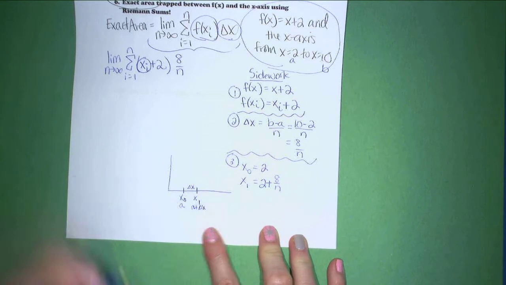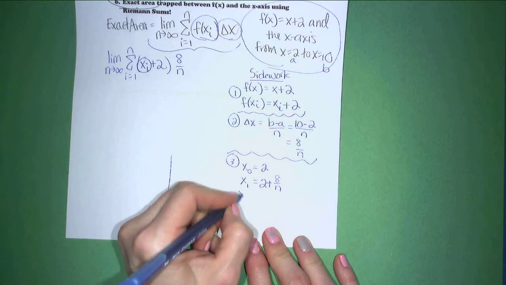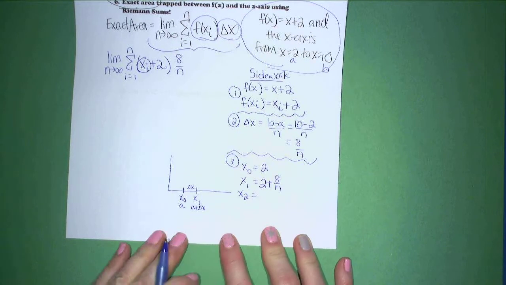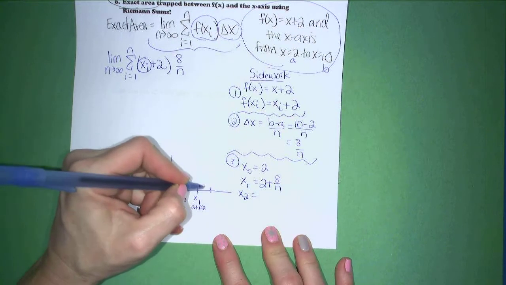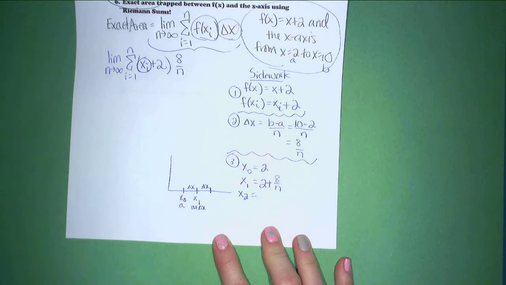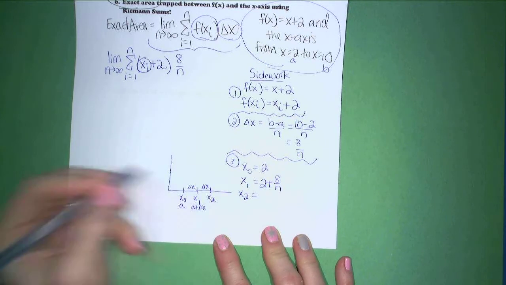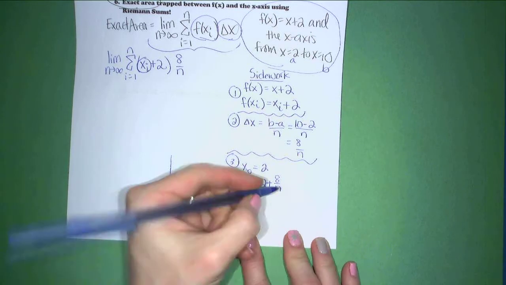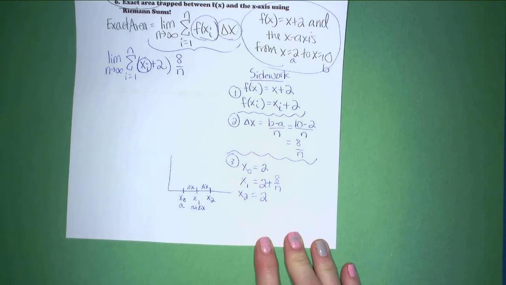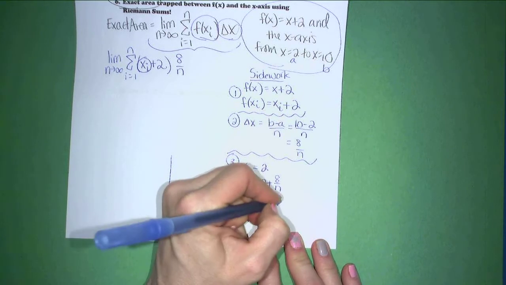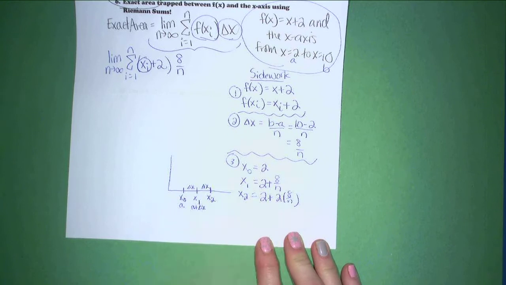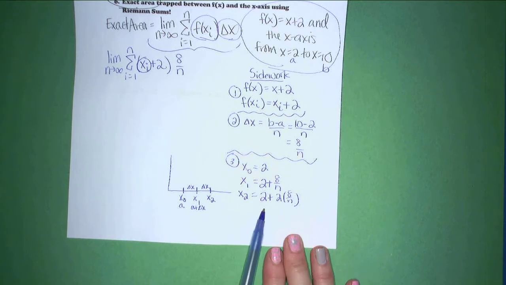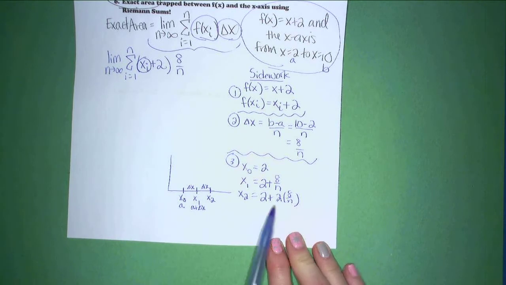To get to x sub 2, that would be adding another delta x. So x sub 2 can be written as your a value plus 2 delta x's. So you're starting at 2, and to that you're adding 2 change in x's.